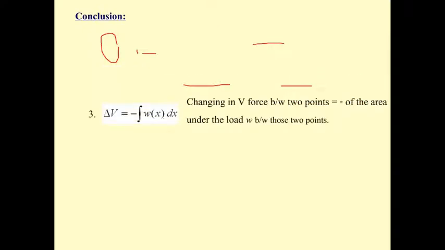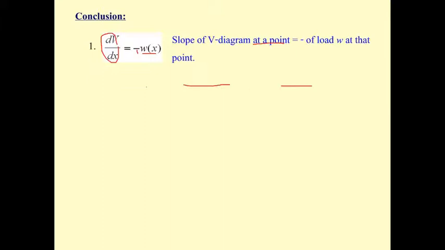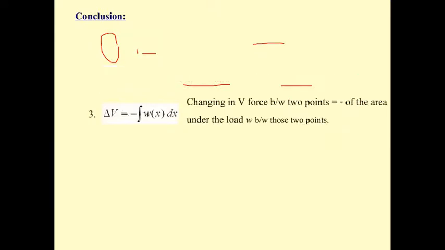And next, if we write this equation and do the integration, we have that the change in the shear force between 2 points is equal to the negative of the area under the distributed load between those 2 points.